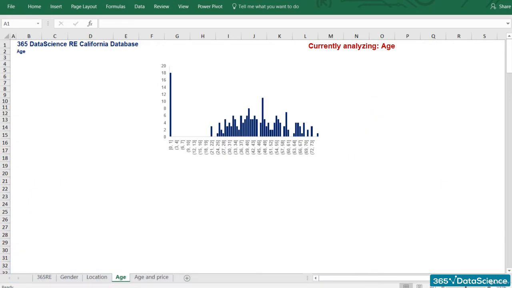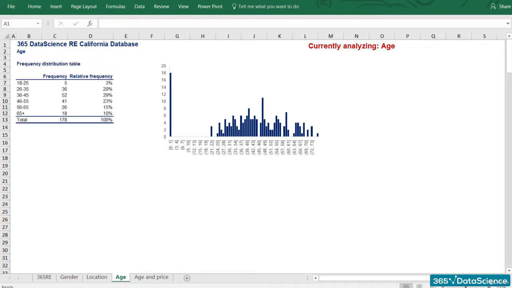Let's first plot the frequency distribution of age. This is done by creating a histogram with an interval length of 1. Now we can move on to the age interval representation. The options there are 18 to 25, 26 to 35, 36 to 45, 56 to 65, and 65 plus.